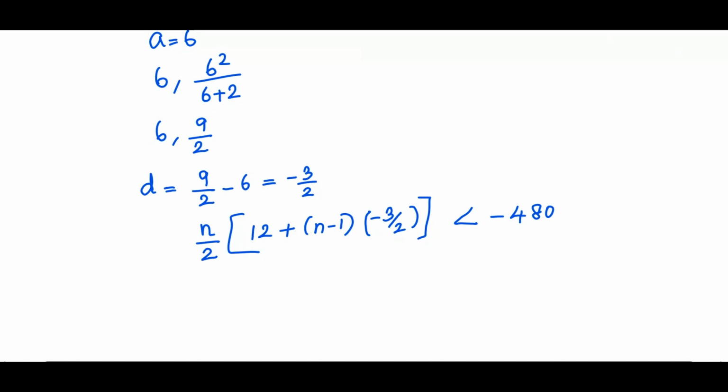So 6n plus, minus n into n multiplied by negative 3 over 2 is 3n squared divided by 4, plus 3n divided by 4, is less than negative 480.